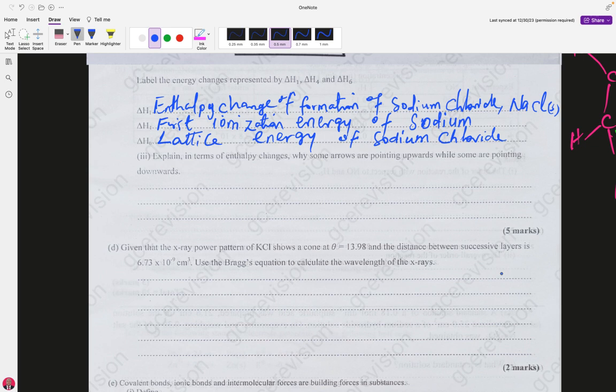The enthalpy change of arrows pointing upward indicates that the reaction is endothermic, while the enthalpy change of arrows pointing downward shows that the reaction is exothermic. So that is what you are supposed to put there. Let's move on and see how we can do that.